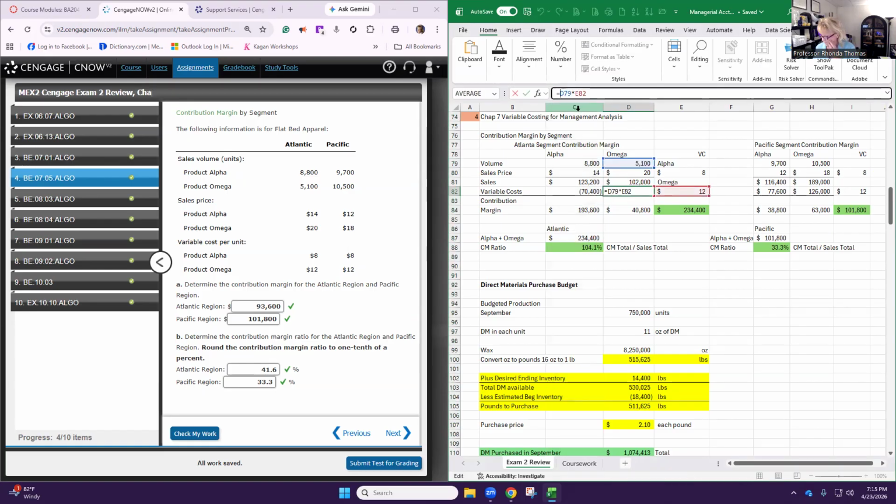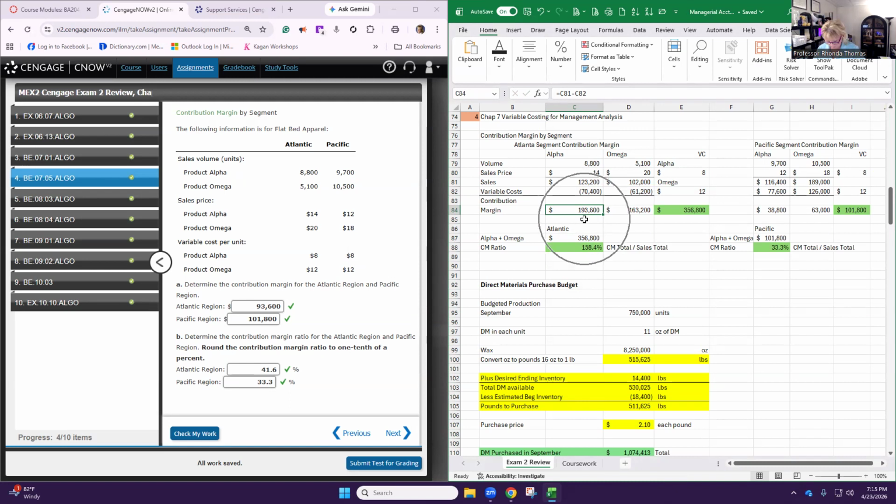We've been putting in anything that we subtract with that. Now I need to change this. So now my contribution margin is my sales less my variable costs. Okay, so let's get this, and then we'll move this over here.